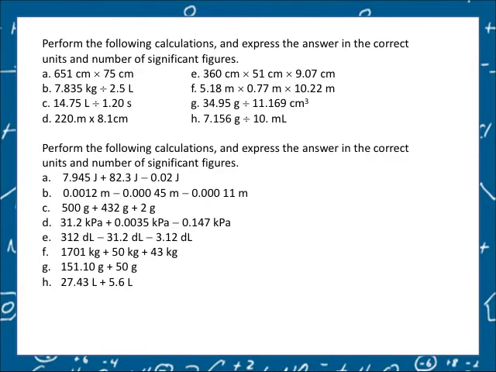The fifth one, 360 times 51 point times 907. My calculator returns 16655.2. 51 has my smallest number of significant figures at 2. This one's also tied at 2. So anyway, we're keeping the first 2, which is the 1 and the 6.